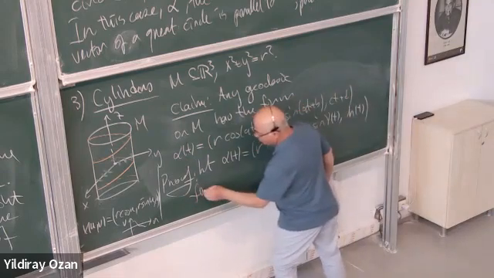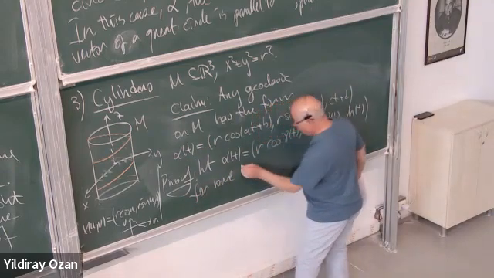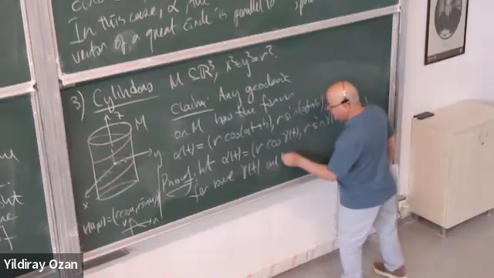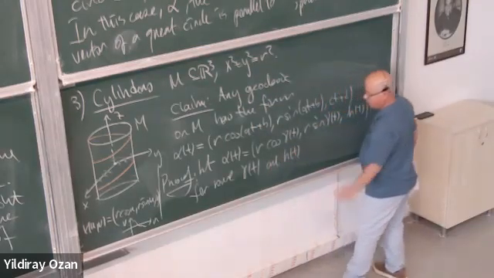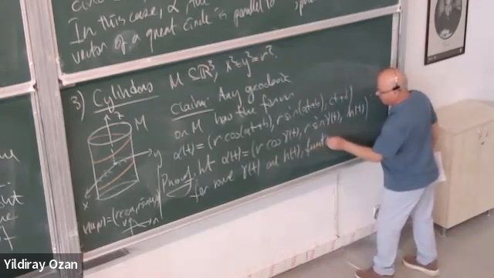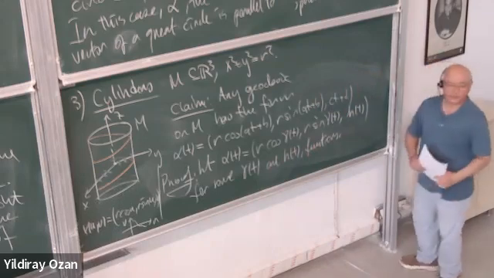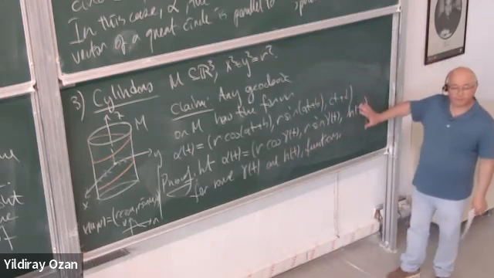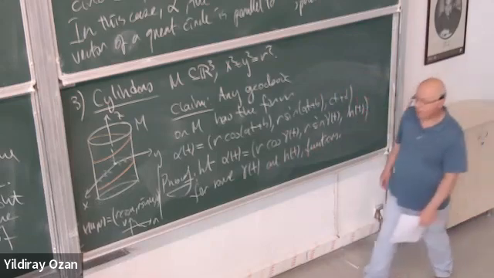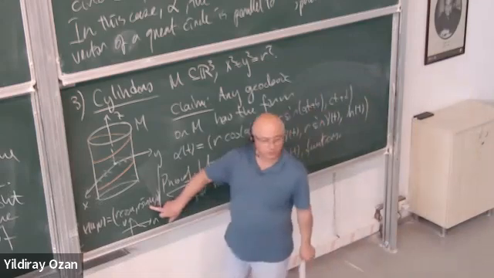For some functions gamma(t) and h(t). So this is the general form of a curve on the cylinder, because this is the surface patch.